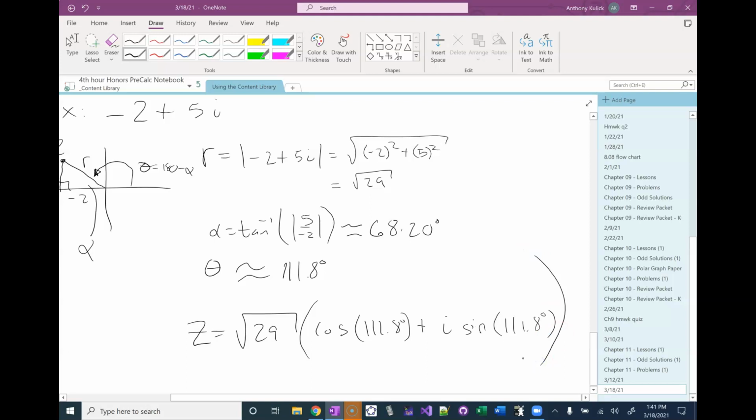Or you could put the square root of 29 as a coefficient to both of the trig functions. That's fine too. Sometimes it's tricky with the i. Where do you put the i? I did it that way, but whatever. You could distribute the square root of 29 through if you wanted. No big deal. But this should feel pretty easy, right?